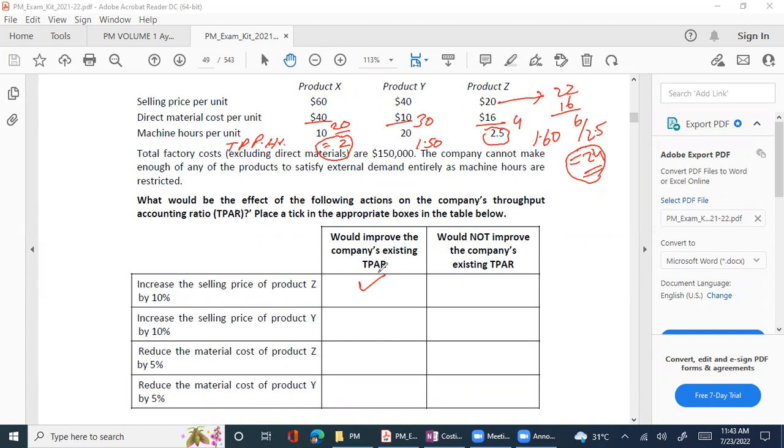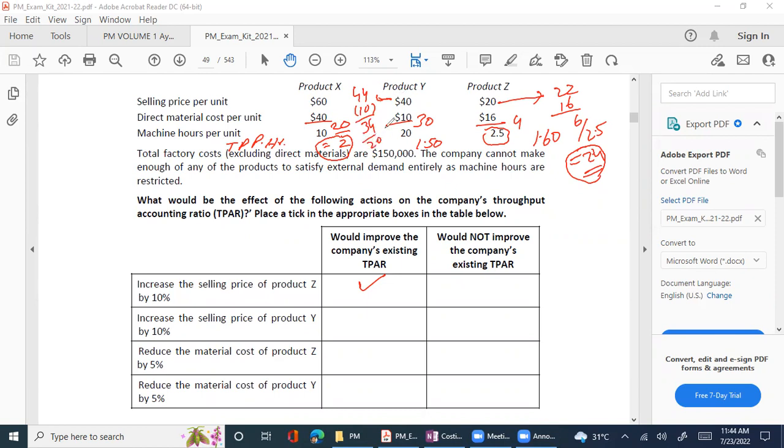And now, if we increase the sale price of Y by 10%, 44 minus 10, this will be 34. Now divide 34 with 20.